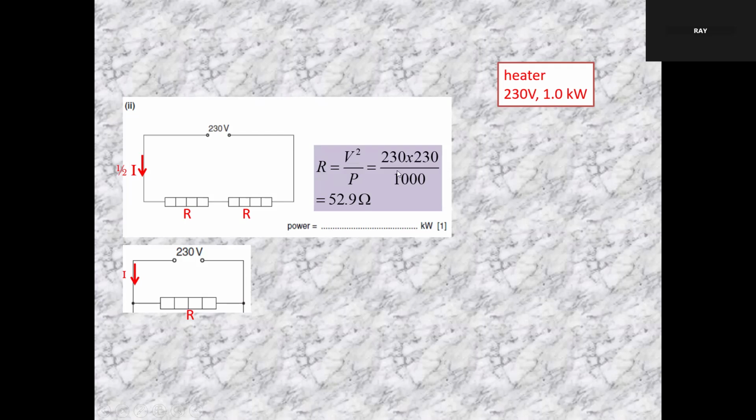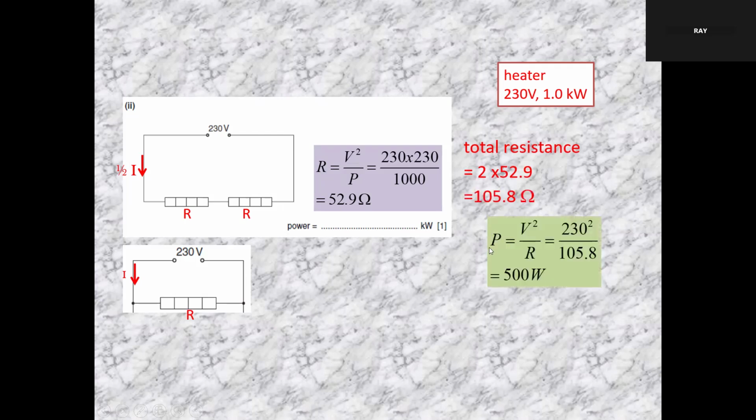Right? Voltage is 230. So total resistance, right? This resistance is across this one, so it's just half.